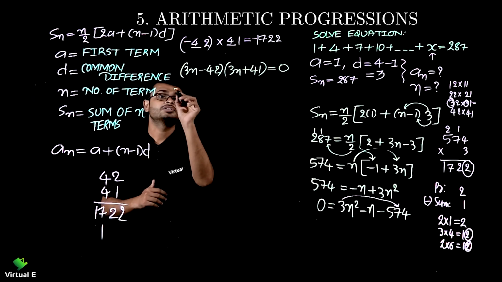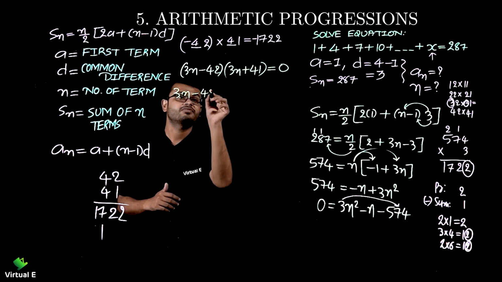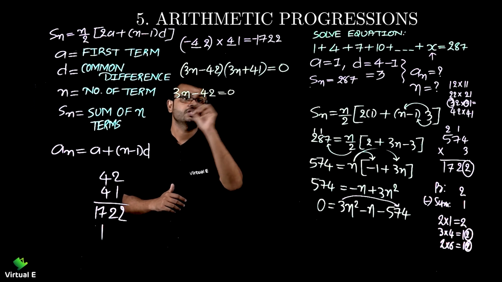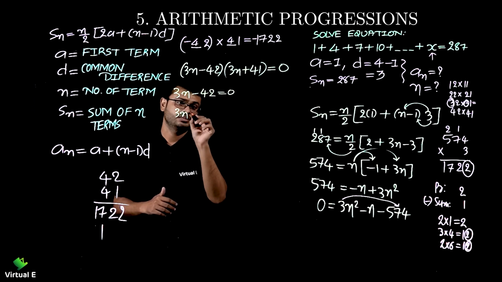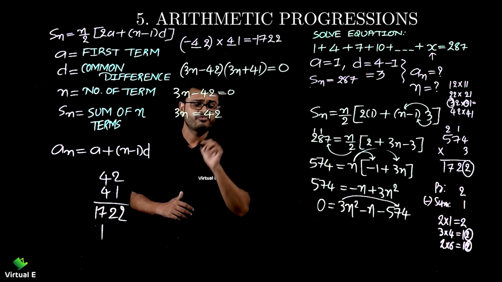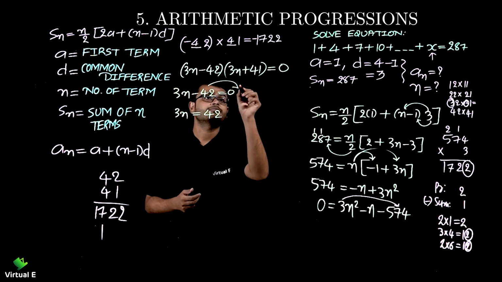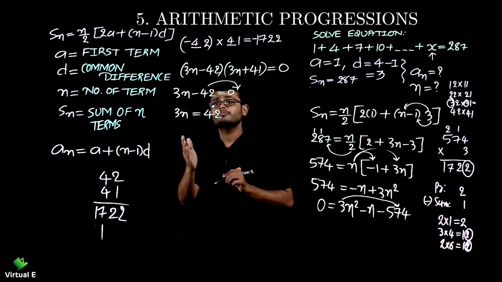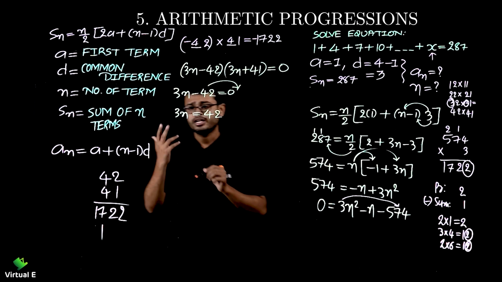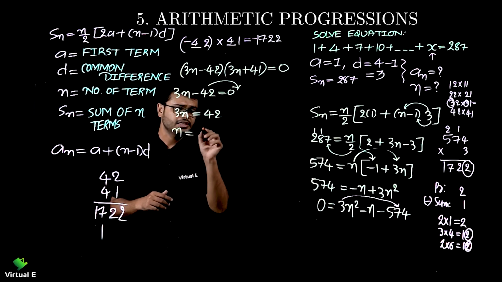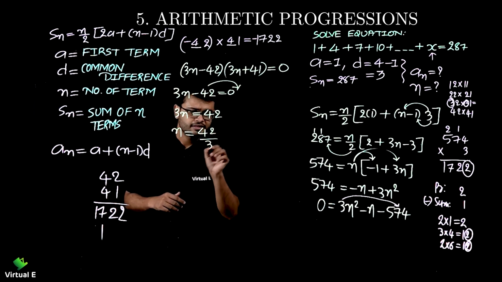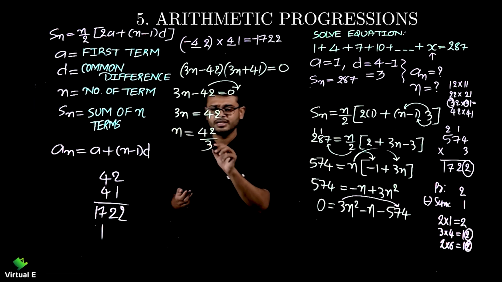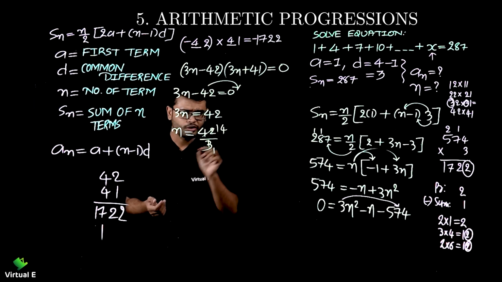Let's do it. So 3n minus 42 is equal to 0. So 3n is equal to 42. Why 42 only? Because I am shifting this 42 from LHS to RHS, it will become positive. So n is equal to 42 by 3. So what's the answer? That is 14.